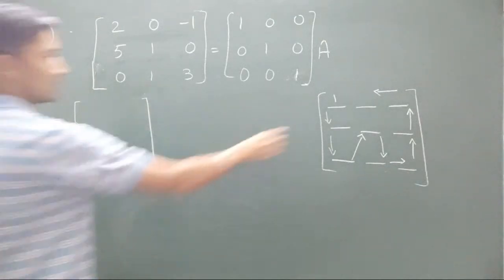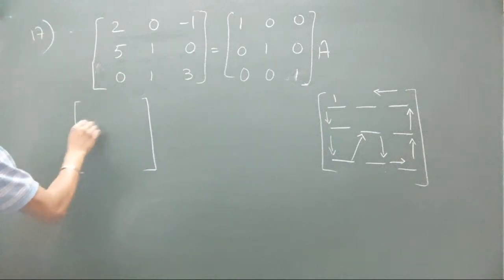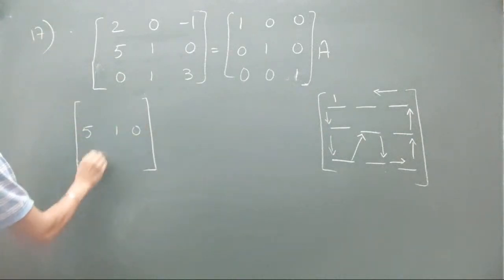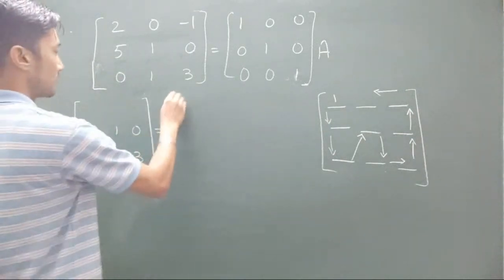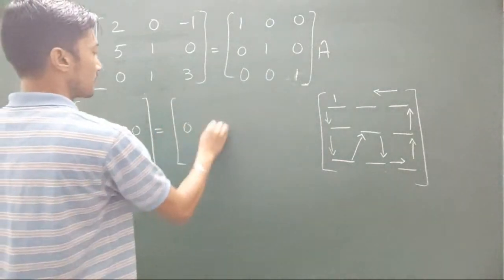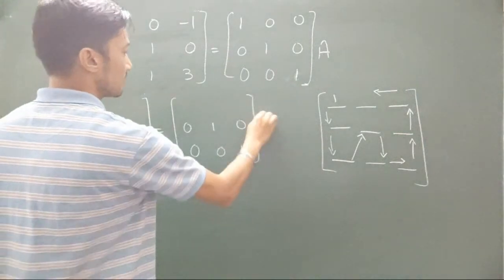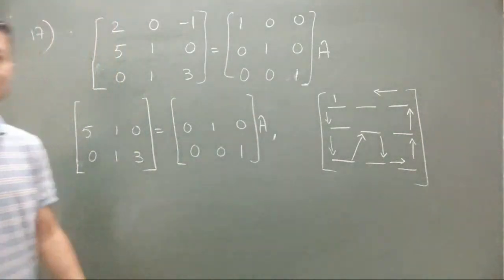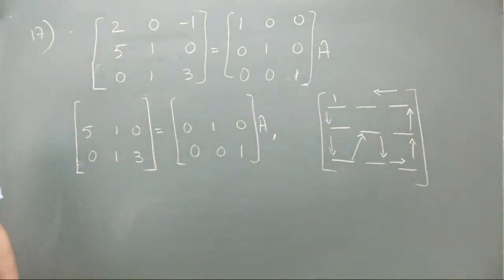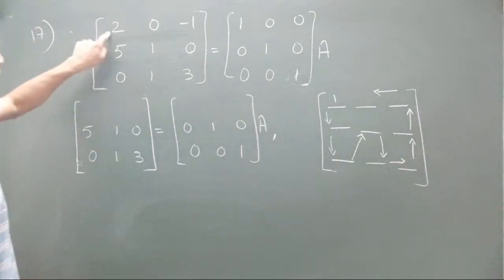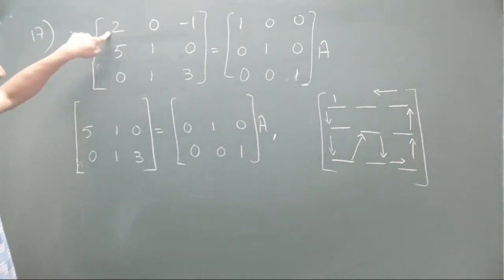So I'll focus on this 1. That means the second and the third rows I am not interested. Alright? Now, how will we make this 1? Simple again.